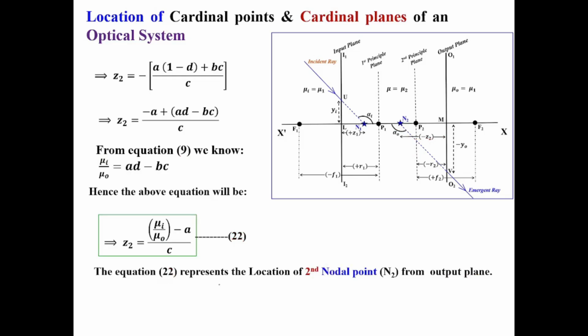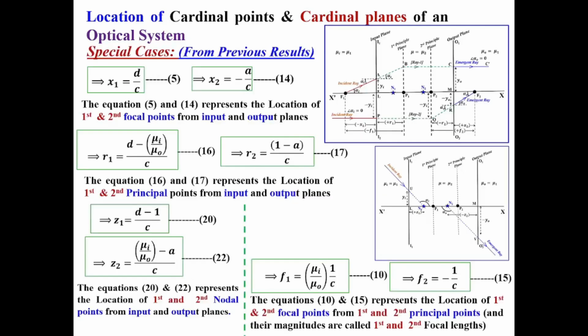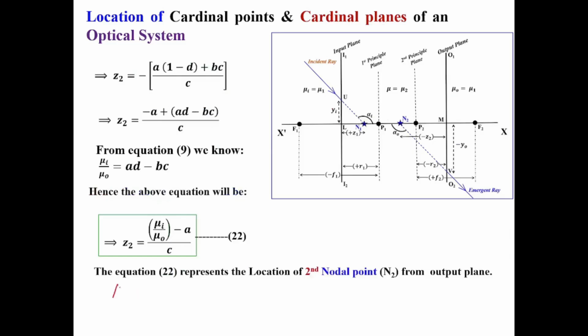So equation number 22 represents the location of second nodal point from output plane. Here I have not written, you have to write by yourself. The nodal planes will pass through corresponding nodal points. This is your first nodal plane and this is your second nodal plane, passed through corresponding nodal points. So obviously the location of nodal planes will be the same as nodal points N1 and N2. This sentence I have not written here, you just write by yourself.